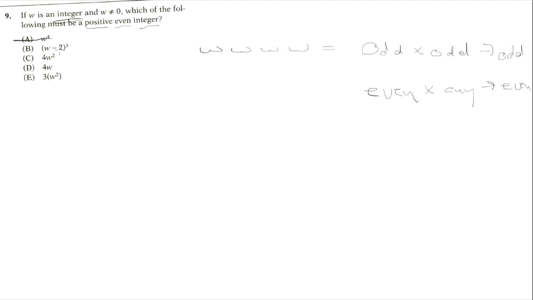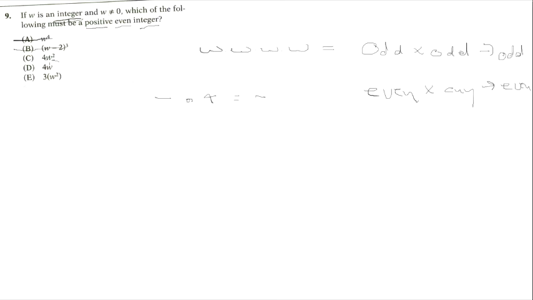This one here is kind of the same. If w were to be odd, subtracting 2 would keep it odd, and then taking that to the third power doesn't make it positive even. Here, however, also another rule, they didn't tell you that it is positive or negative. So if you have a negative times a positive, you end up with a negative, right?